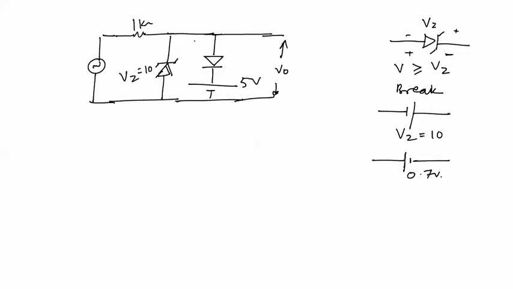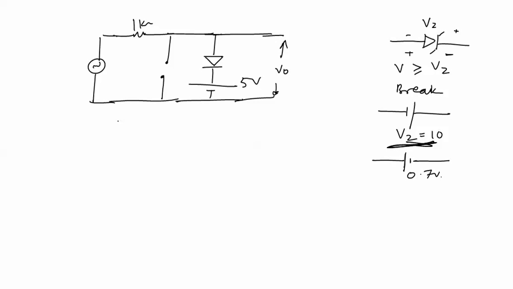It can operate in reverse bias also, but for that the voltage across the diode must be greater than its Zener voltage, that is 10 volt. So when input is less than 10 volt, this diode will be reverse biased and out of breakdown, so it will be replaced with an open circuit. If it is in breakdown, then only we can replace it with a battery equal to Vz.